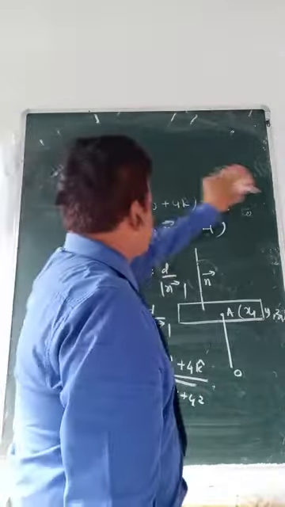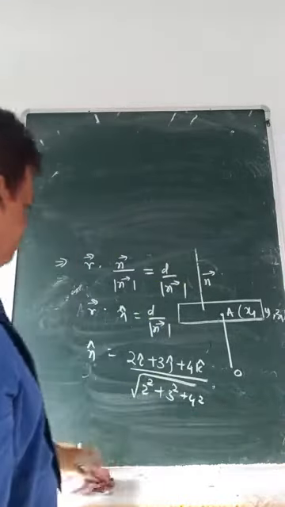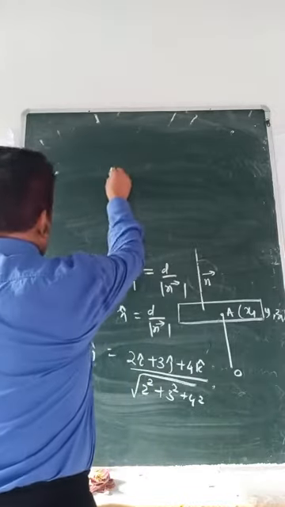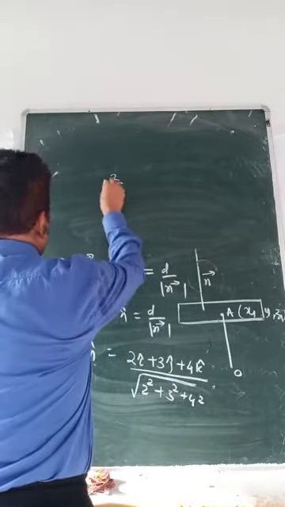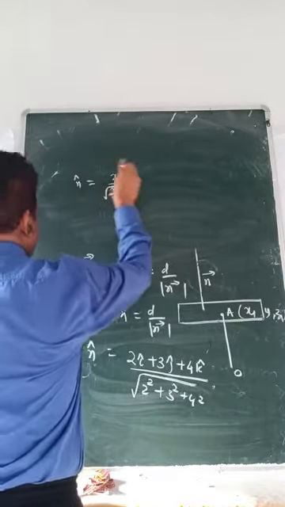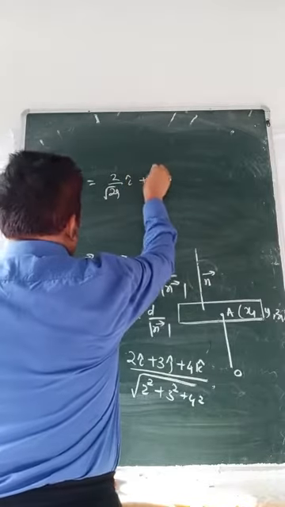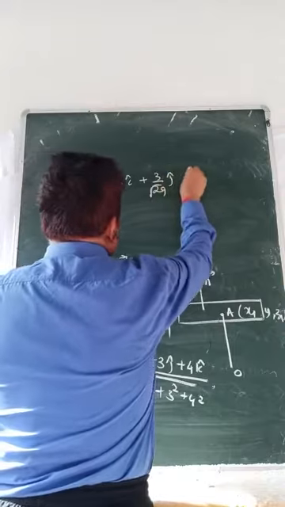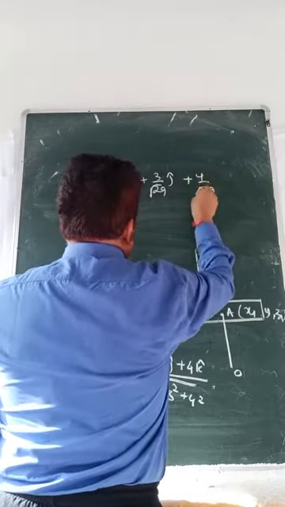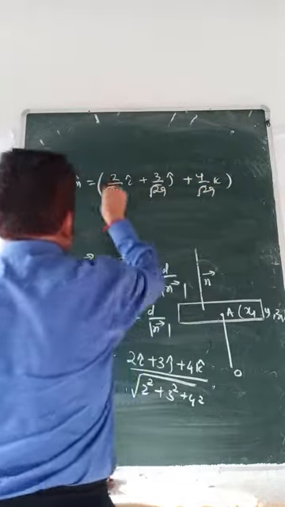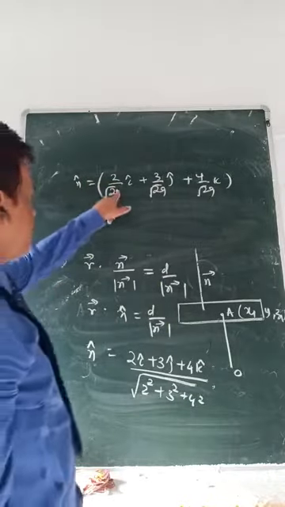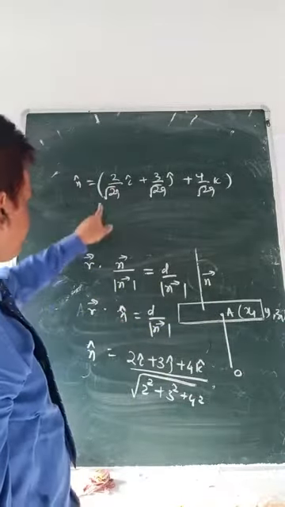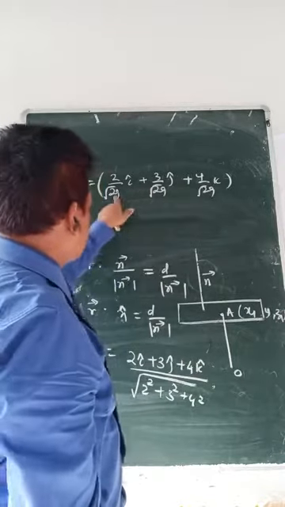Then this is 2 by root 29 i, 3 by root 29 j, 4 by root 29 k. When it is a unit vector, this is the direction cosines. Means you find the unit vector, the result is the direction cosine here.